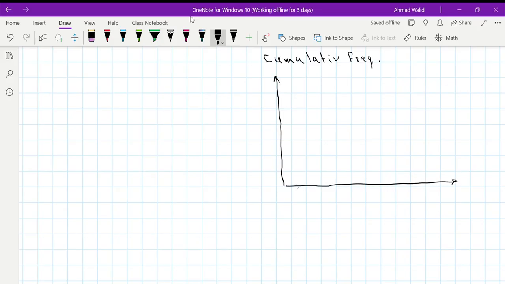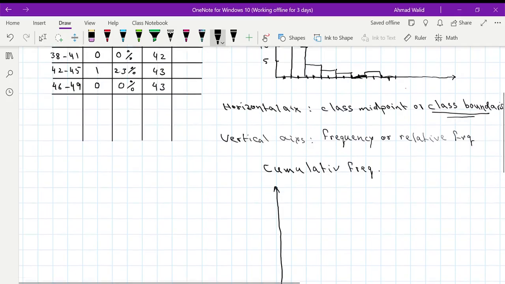Correct? 1, 2, 3, 4, 5, 6, 7, 8. 17.52. Here the last one was 49.5. I don't want to write all those numbers, you can write them, correct? Here was 21.5 and so on, correct? Instead of putting frequency on a vertical axis, you write your relative frequency.